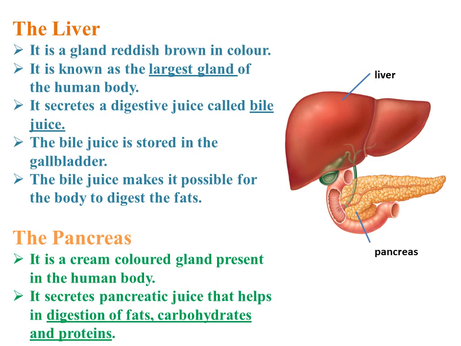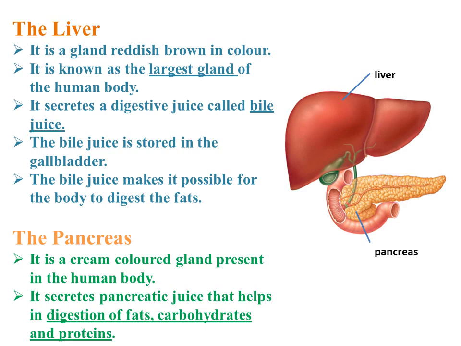Bile juice is stored in the gallbladder, and it makes it possible for the body to digest fats. So the main function of bile juice secreted from the liver is to digest fats.